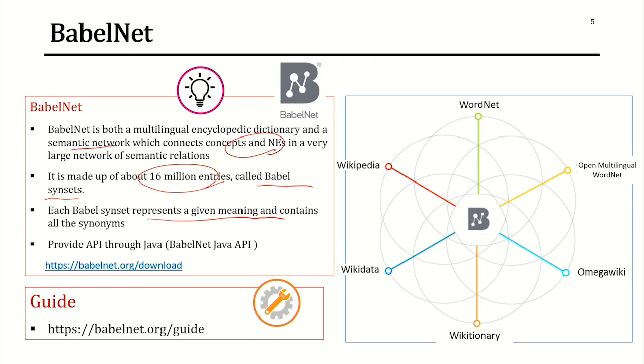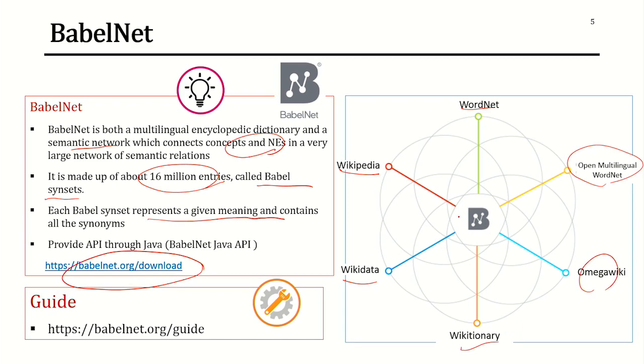To access BabelNet using the Java API, we can refer to this link to download the dataset. BabelNet is a resource composed of existing resources like WordNet, Wikipedia, Wikidata, Wiktionary, OmegaWiki, and the Open Multilingual WordNet.